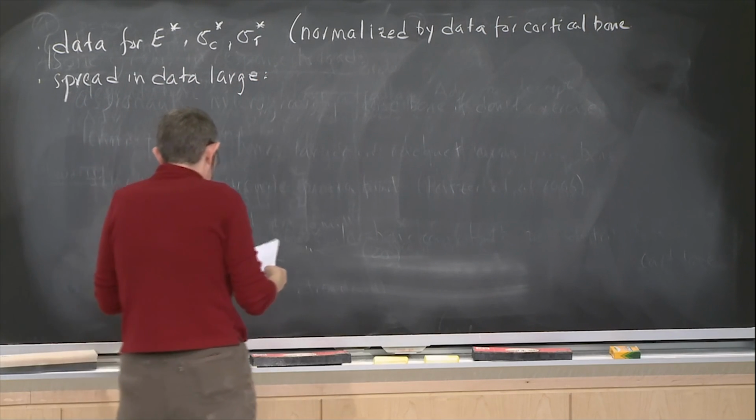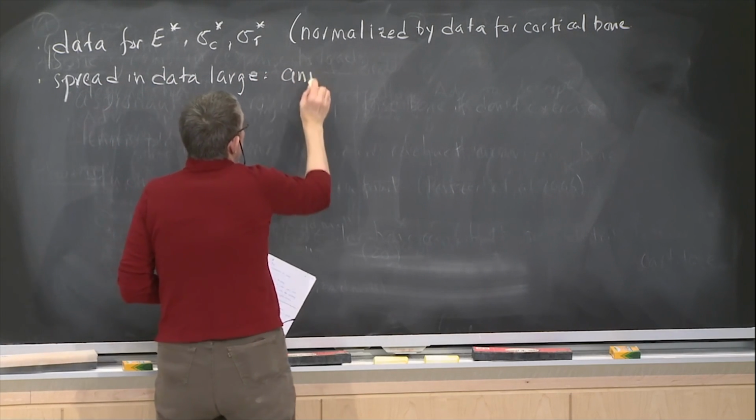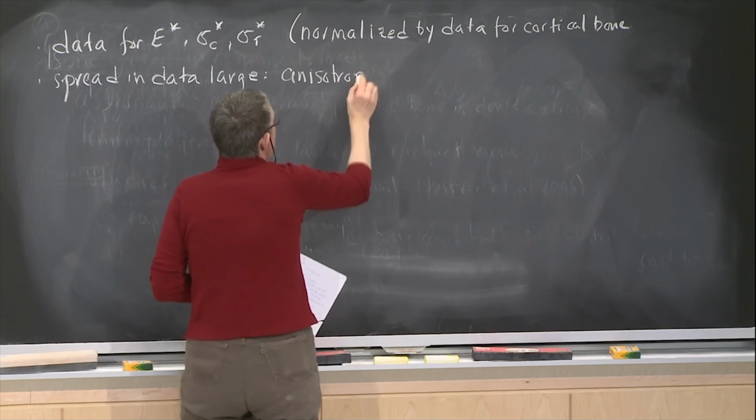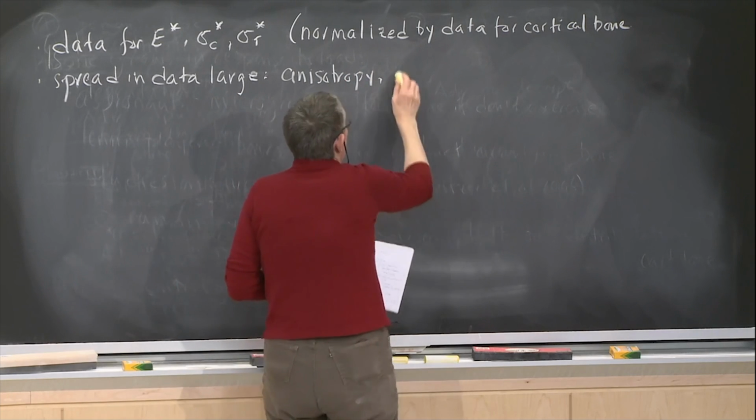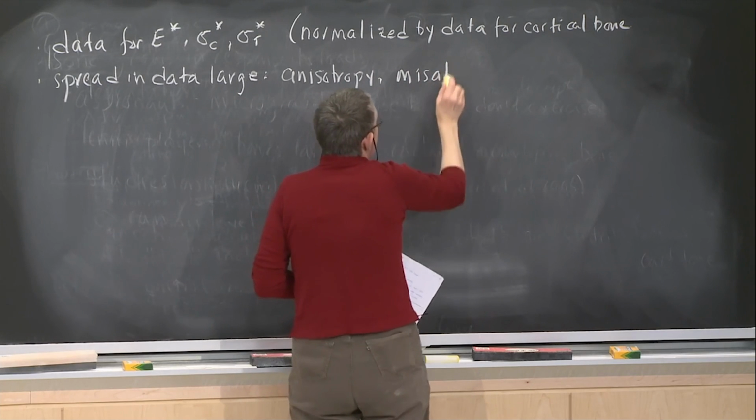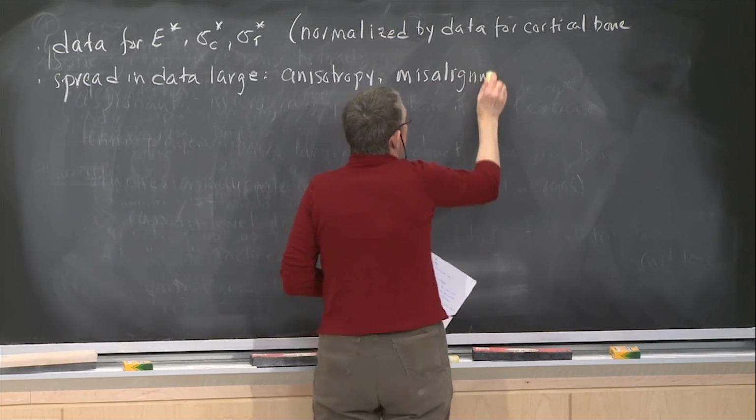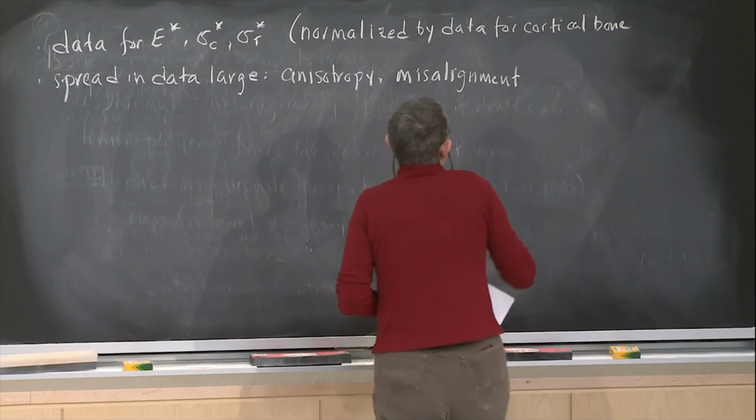And as I said, the spread in the data is large, and that's due to anisotropy in the bone and misalignment between the bone orientation and the loading direction.